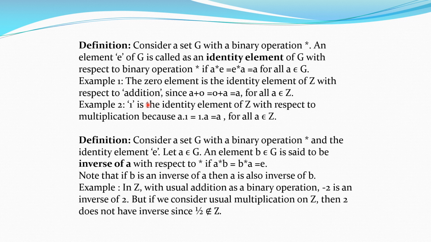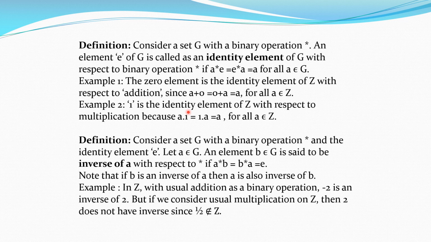Thus, for all real numbers A, we are getting A multiplied by 1 is equal to A. And so, 1 is the identity element of Z with respect to multiplication. Similarly, 1 is the identity element of R with respect to multiplication.